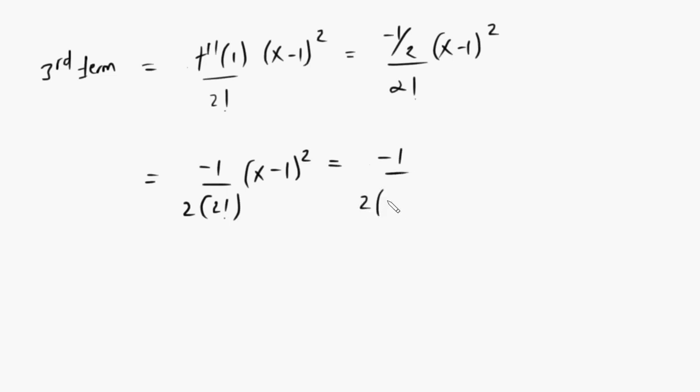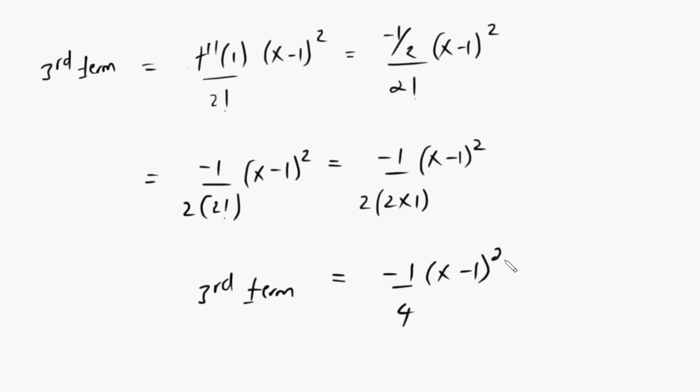It's 2 times 1. So 2 times 2 is 4. Finally, my third term is just negative 1 over 4 times (x minus 1) squared. So it asked what is the third term in the Taylor's expansion? That is it. So that is example 1.